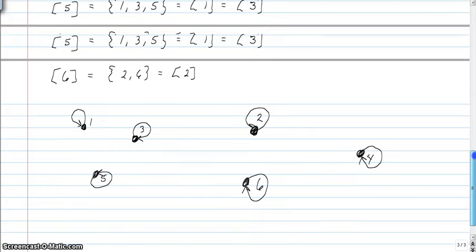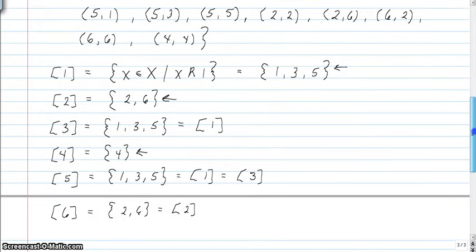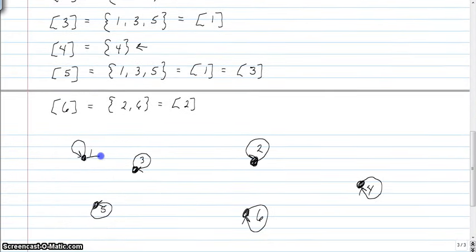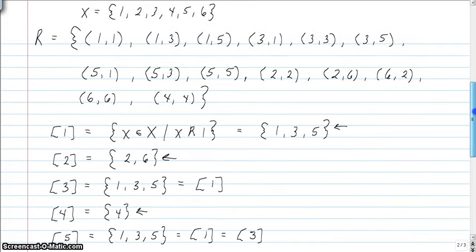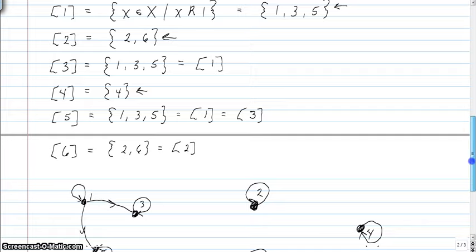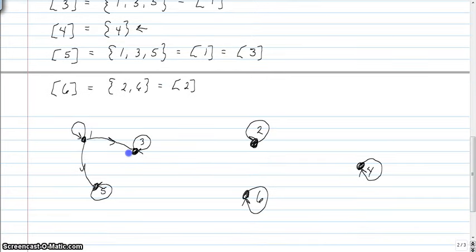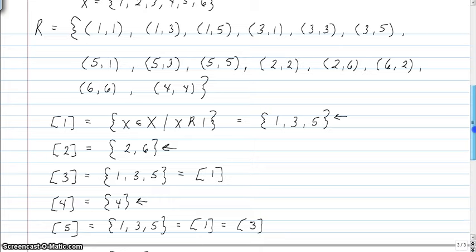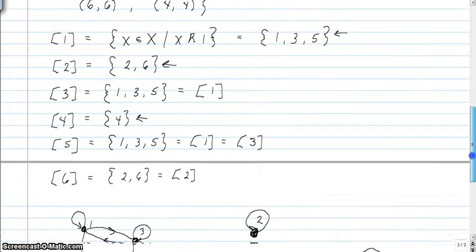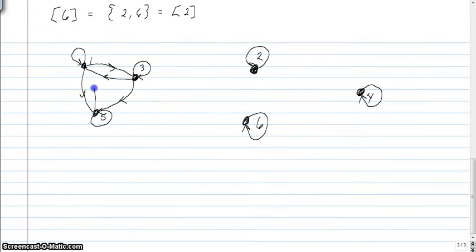And then we've got 1 related to 3, 1 related to 5. We've got 3 related to 1 and 3 related to 5. And we've got 5 related to 1 and 5 related to 3.